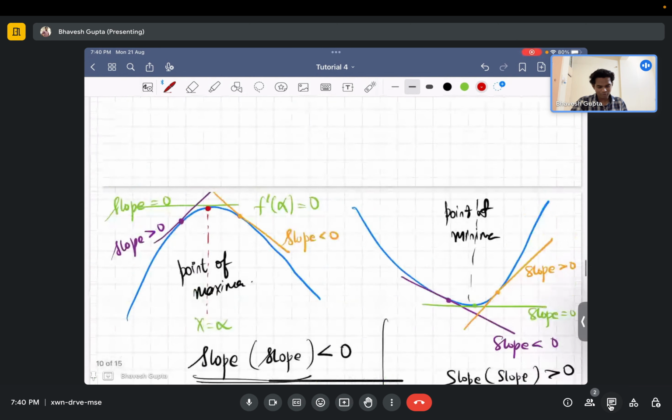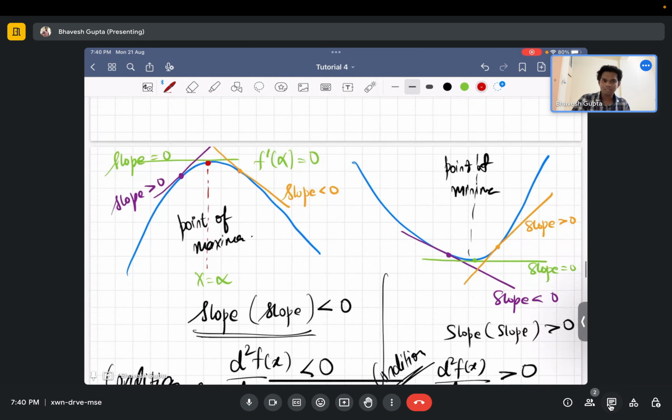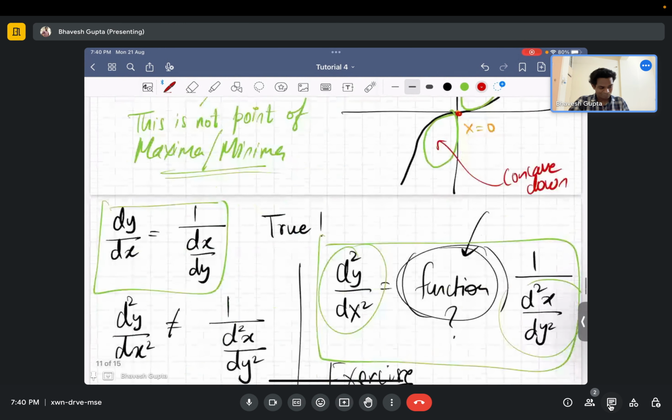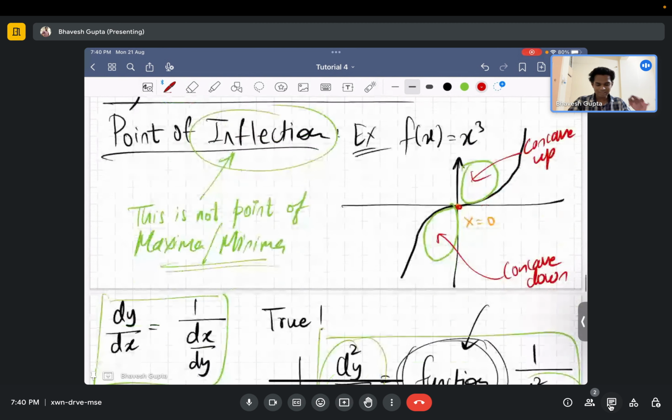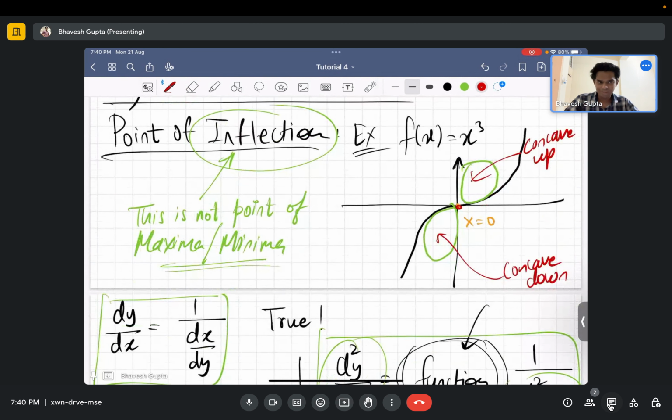But if you see very carefully, in the case of a point of maxima and minima, you still have that concavity maintained. On the left, it's concave down, and on the right, it's concave up. So the concavity of the function is still maintained, but in this case, the concavity of the function changes. So where the concavity of the function changes, we call that a point of inflection.